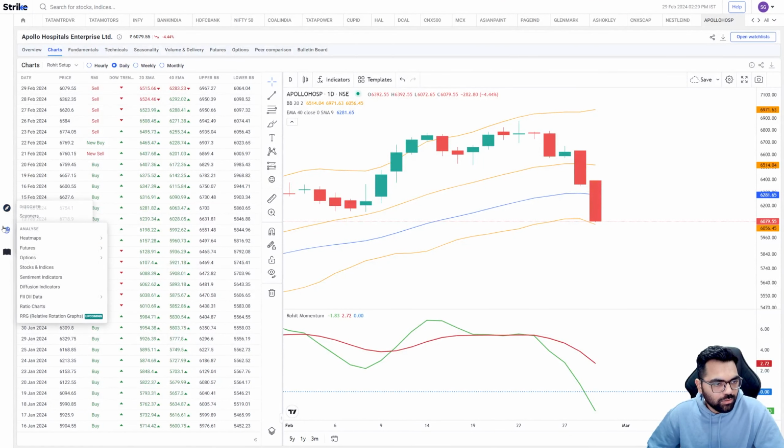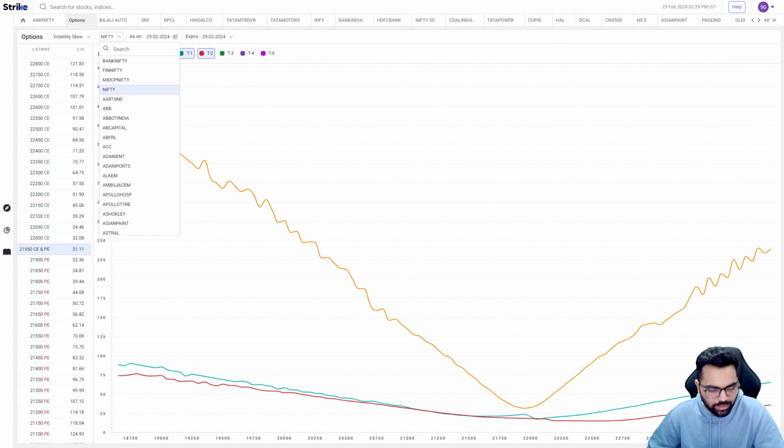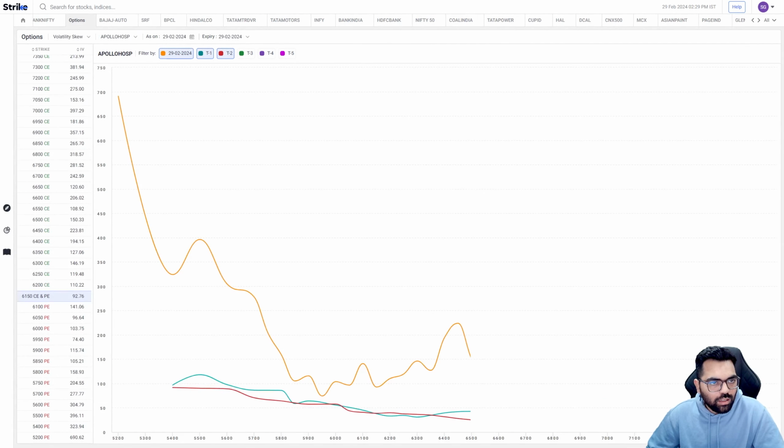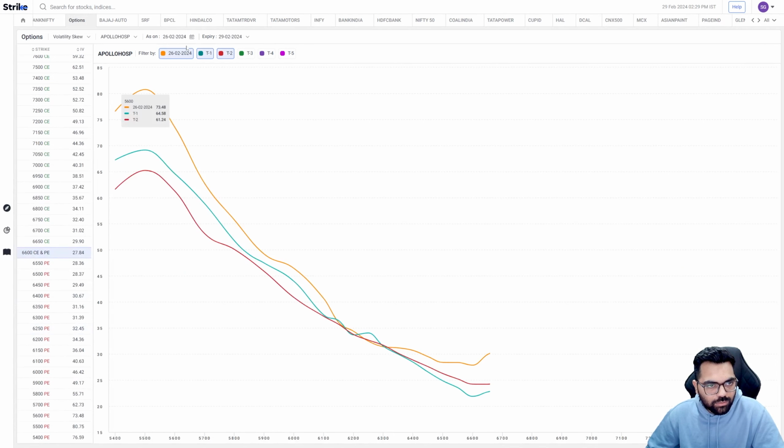So I'll just go to the option section and volatility skew. Let us select Apollo. Now we saw that the breakdown came on, not the breakdown, but the downtrend sell signal came on 26th of Feb.